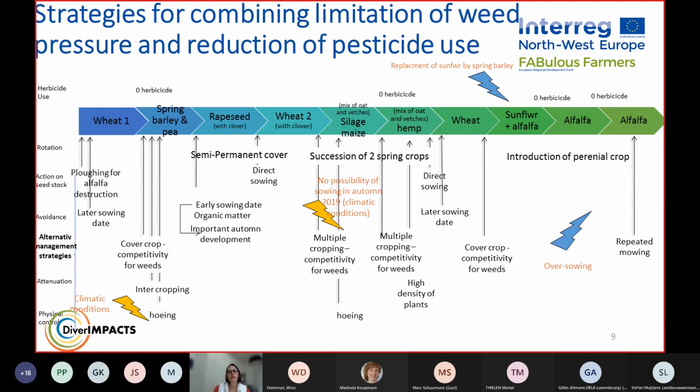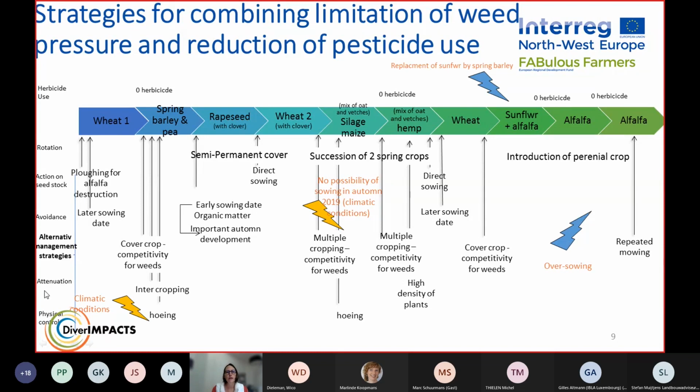We also have different strategies with action on seed stocks, with some time plots and, before some winter crops, direct sowing.